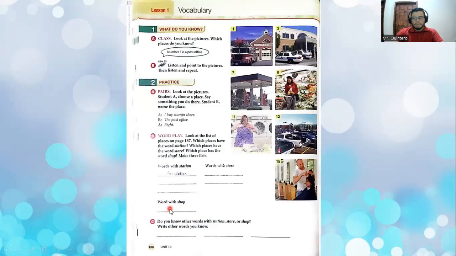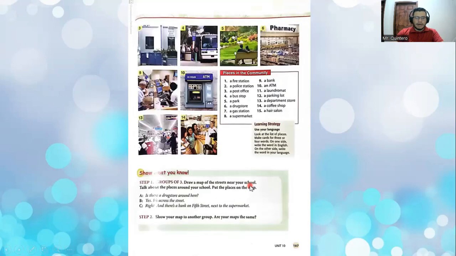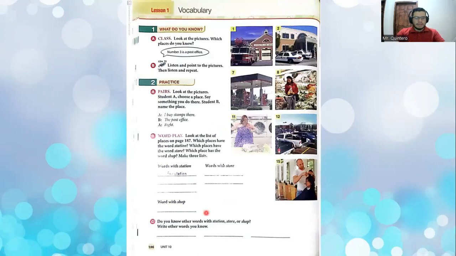Words with shop. In this case, you're going to use what? The coffee shop. A bus stop is impossible, right? What else? A coffee shop. And you're going to use other shops where you can buy different things, or complete it.